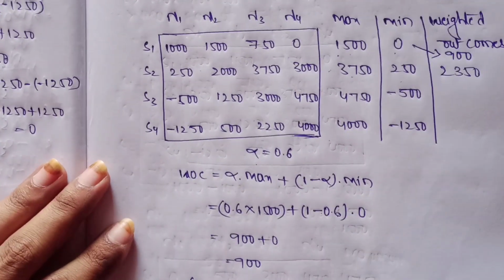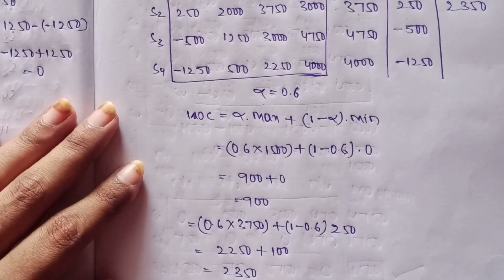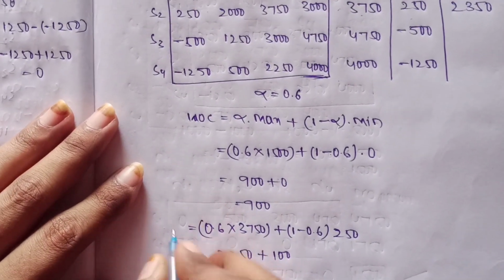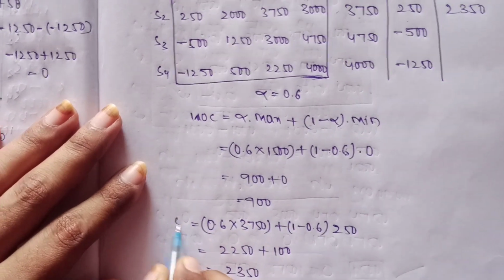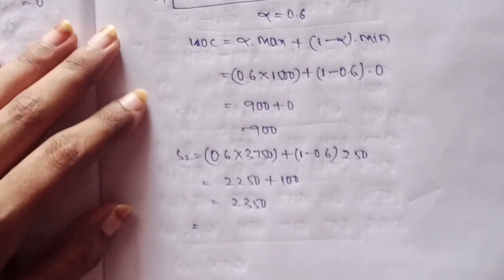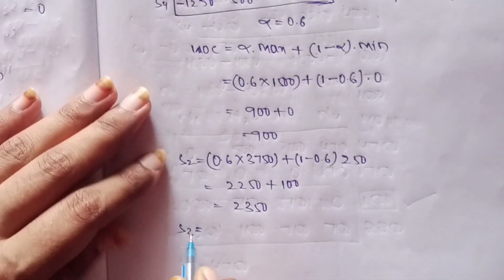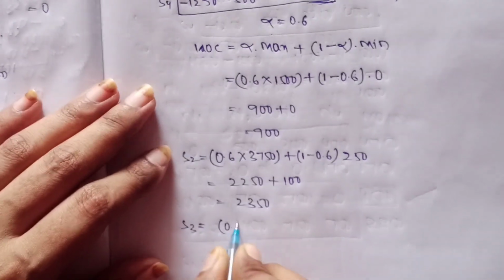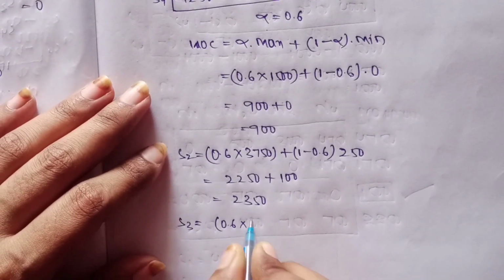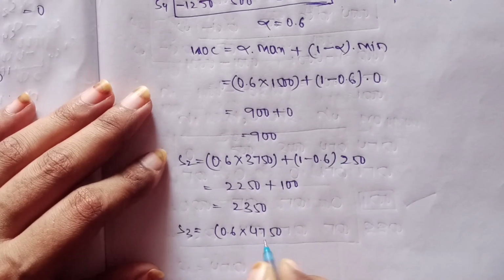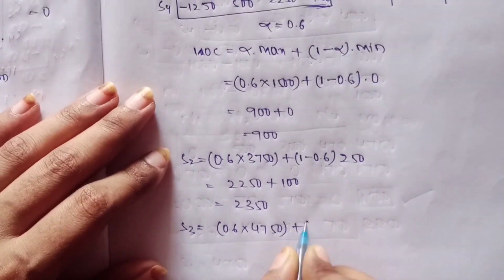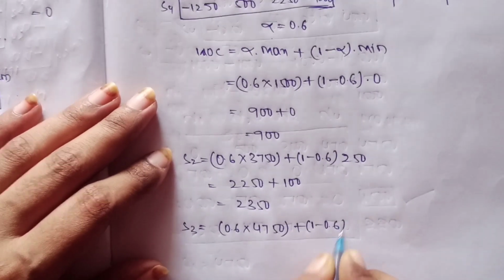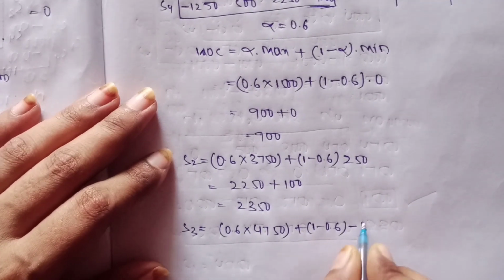And the next is the S3 row. S3 row is equal to 0.6 into the maximum value 4750 plus 1 minus 0.6 into the minimum value, minus 500.